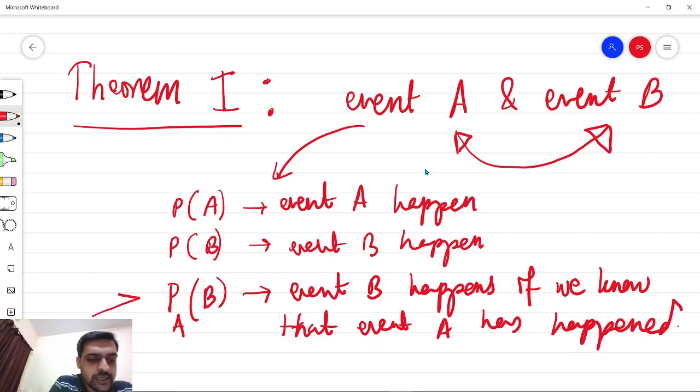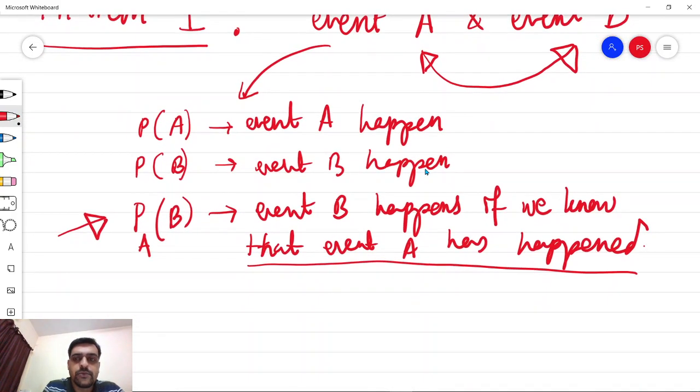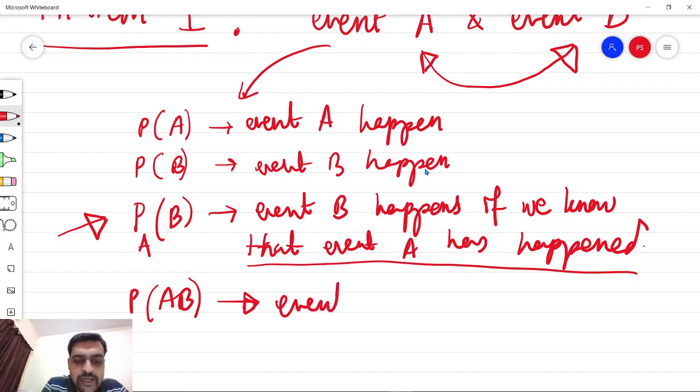So this puts a restriction on only those possibilities of event B when event A has already happened. Now we can define another notation as P of A into B or P of AB. So this means that probability that events A and B both happen.